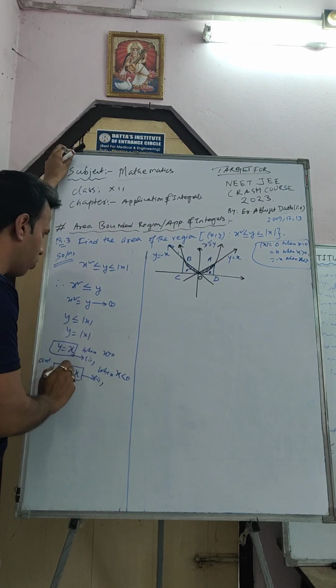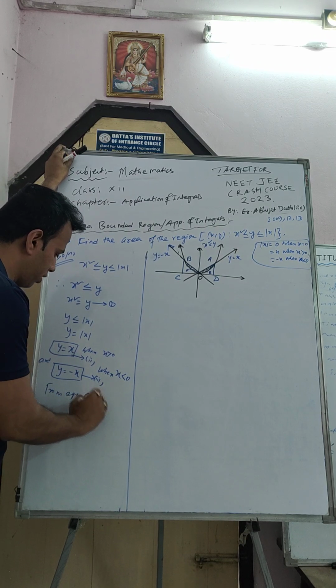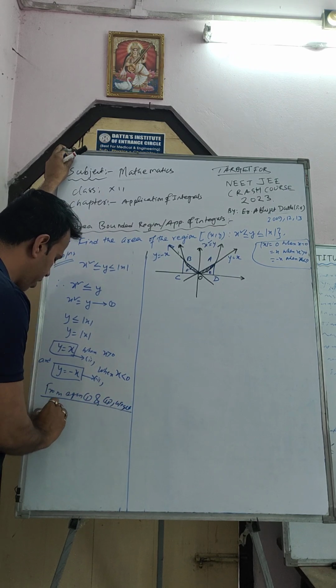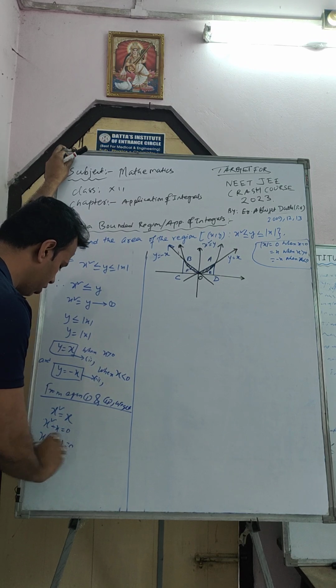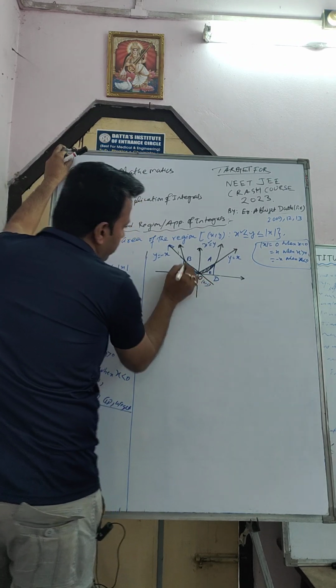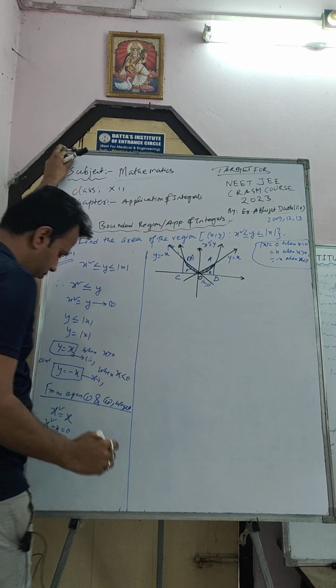From equations 1 and 2, what do we get? x² = x, that is x² - x = 0, that is x(x - 1) = 0. Therefore x = 0 and x = 1. Here this one is (0, 0).